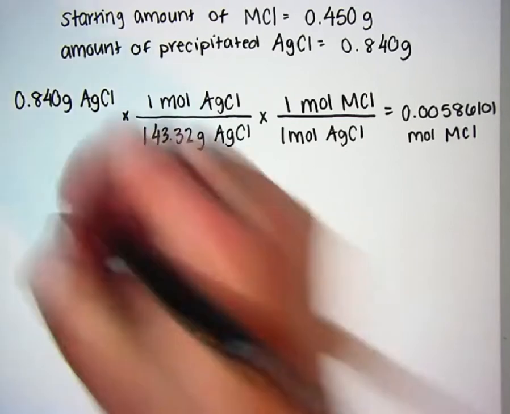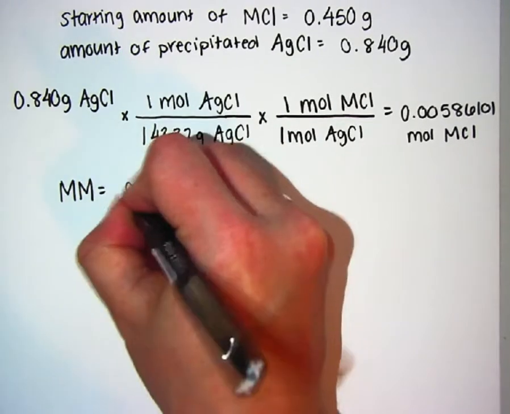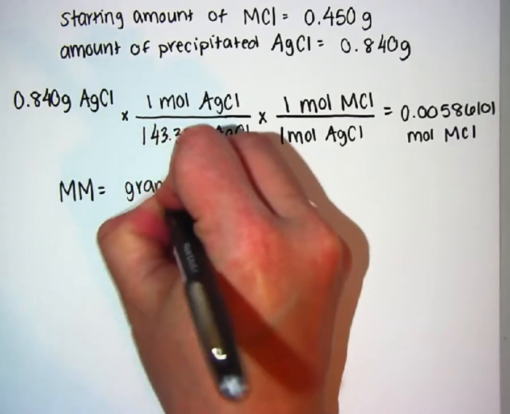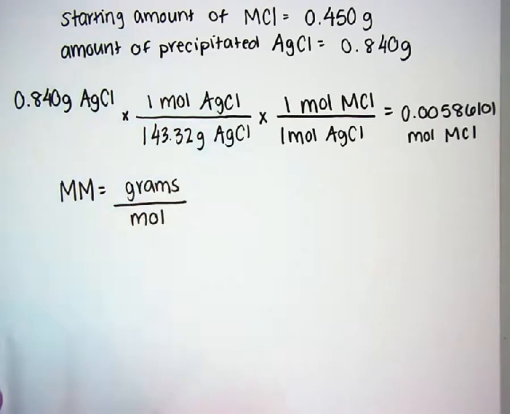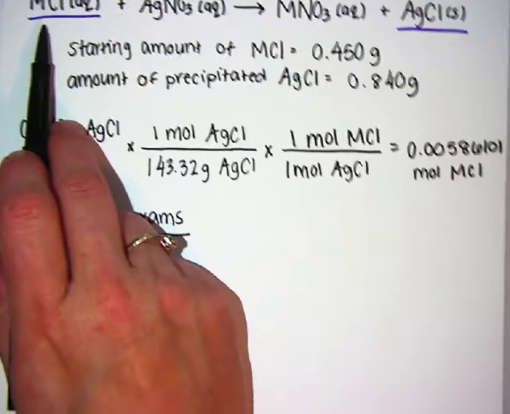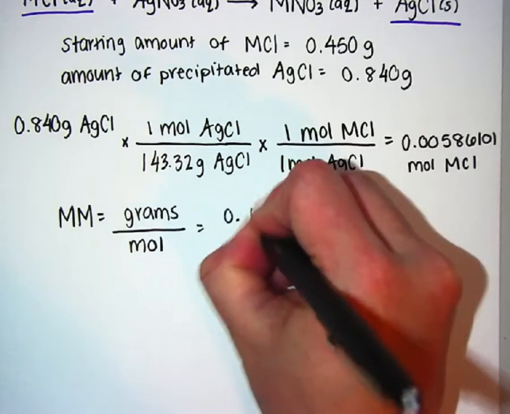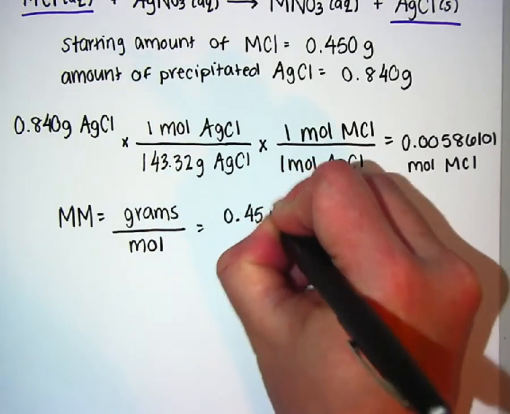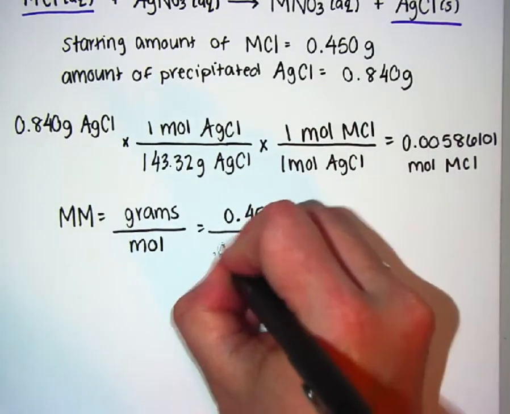All right, last step. Again, in order to calculate a molar mass, we are going to take the grams and divide it by the moles. And again, this is of our metal chloride MCl. So my mass in grams, 0.450 grams divided by moles.